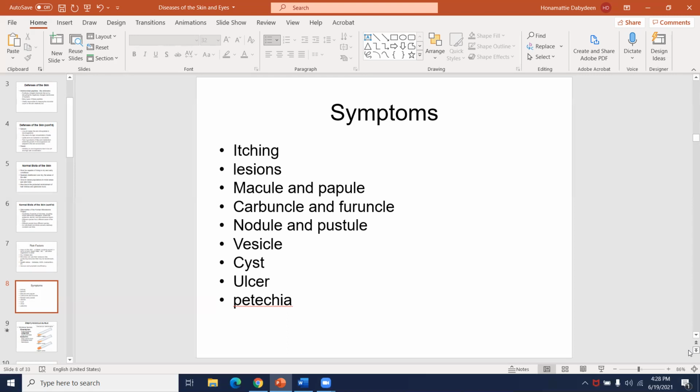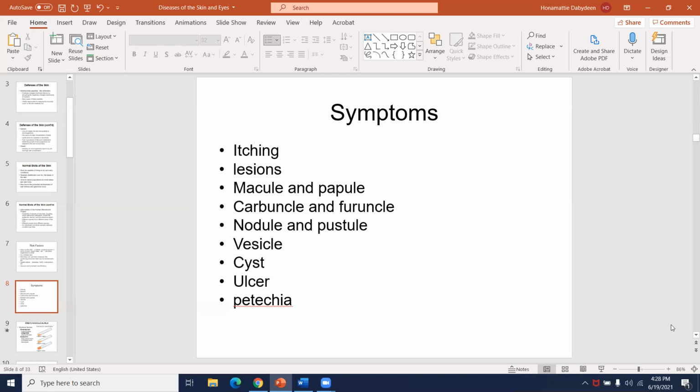And there are ways to actually differentiate them depending on what they look like, what they contain, and things like that. You will be able to tell them apart. All right, so those are some symptoms.